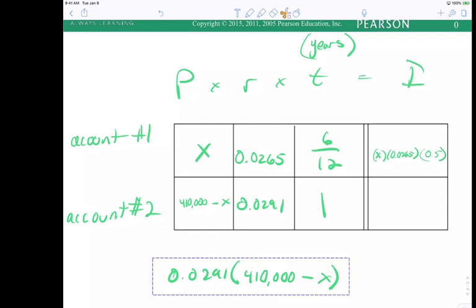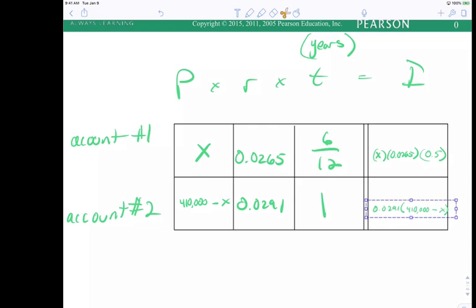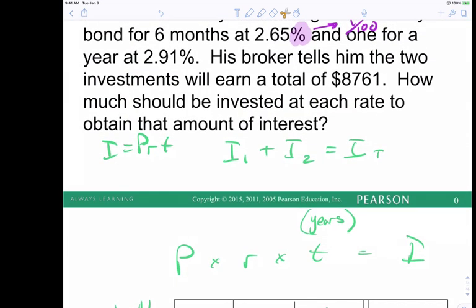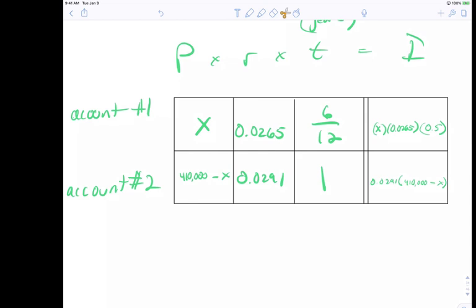Now, there's one more piece of information we have to bring it on home. We have the interest earned on the first account and the interest earned on the second account. What do we know about those two together? The interest earned on each account should total $87.61, so it should be equal to $87.61.